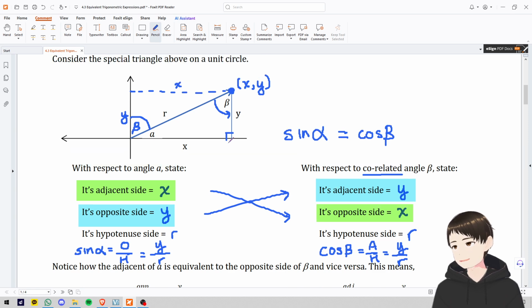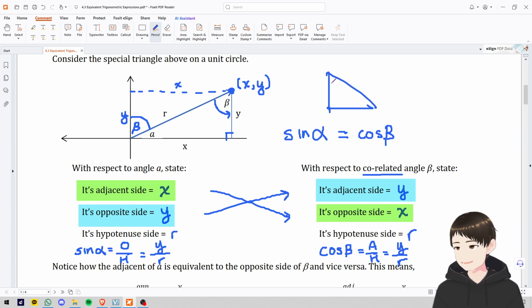If you were very observant when you first learned sine and cosine in grade 10, you might have made this connection already. Like I gave you an angle that's like 45 and 45. You might have thought, oh, this and this, and this is the same.